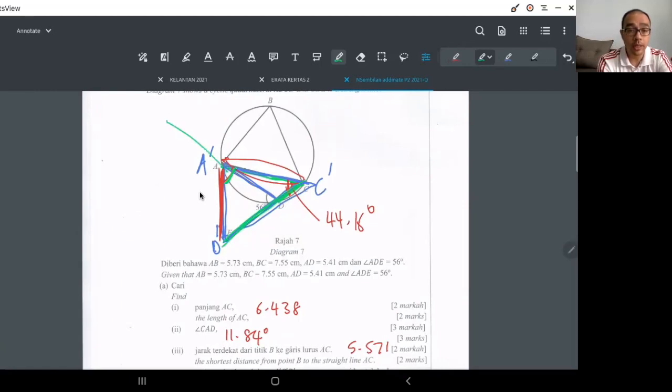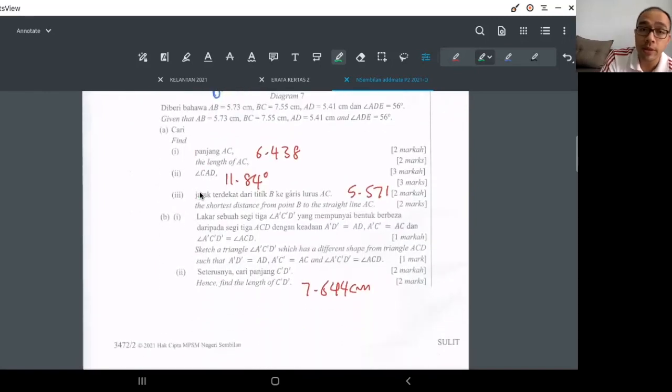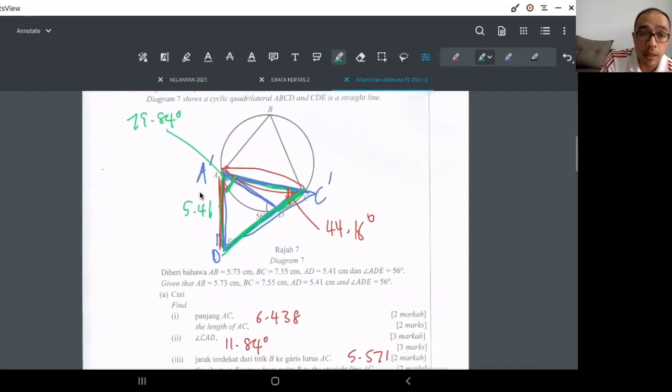According to this, this angle is 79.84 degrees. This will still be 5.41. So with the 44.16 and then 79.84 with CD, you should be able to get CD equals 7.644. Yeah, 79.84. Should be able to get 7.84.